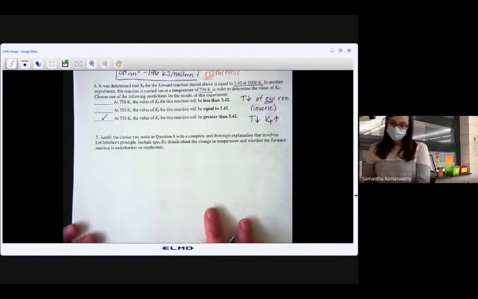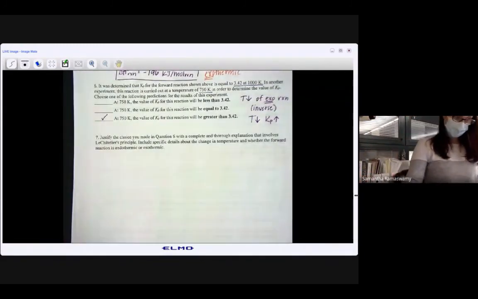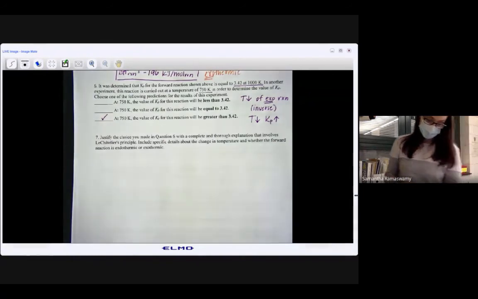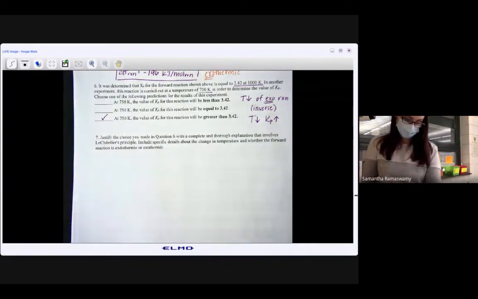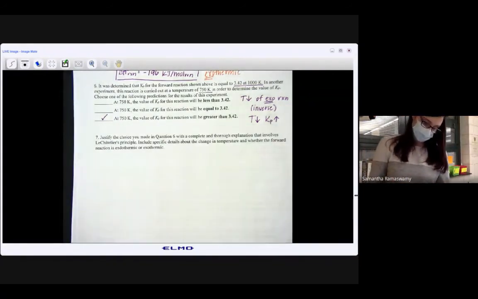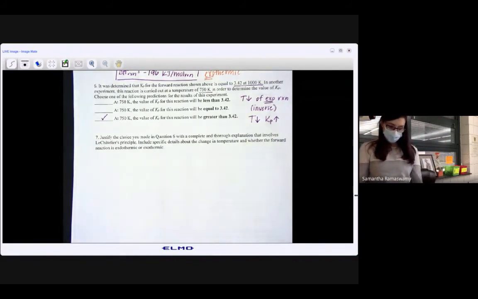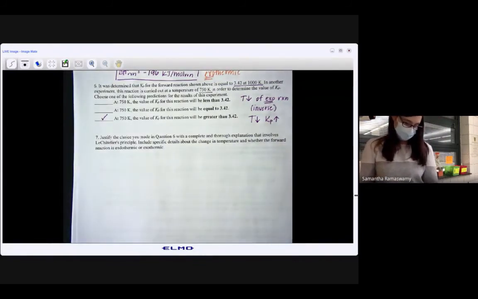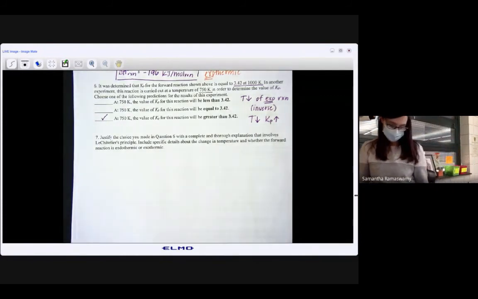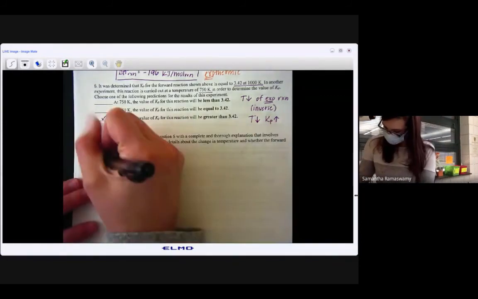And then the very last pre-lab question says, justify the choice you made in question 6 with an explanation that involves Le Chatelier's principle. Talk about how the change in temperature and whether the reaction is exo or endothermic. So here's what I'll say.